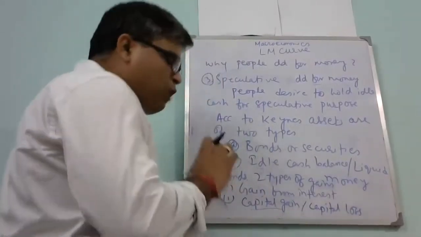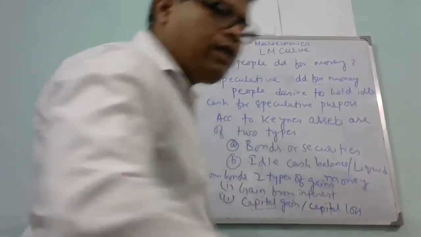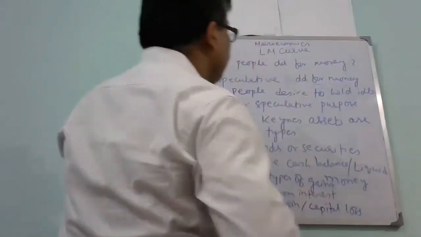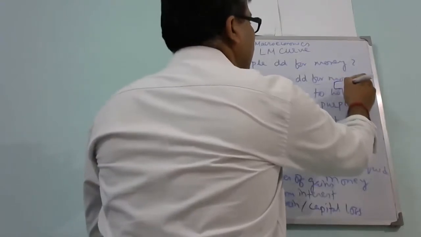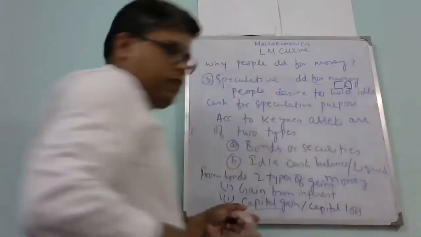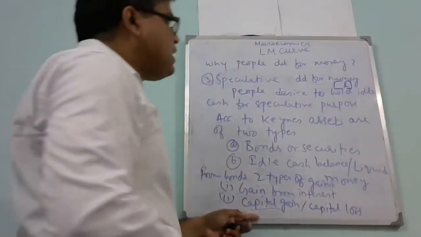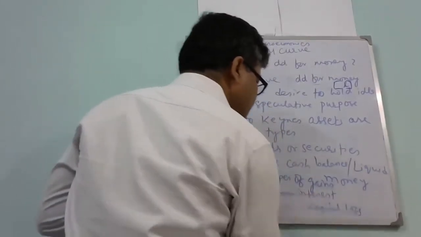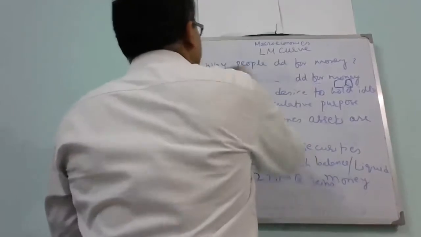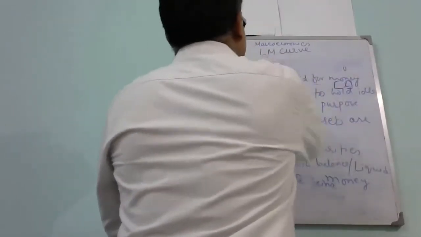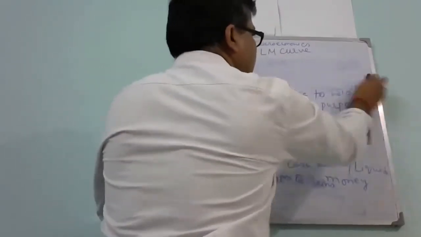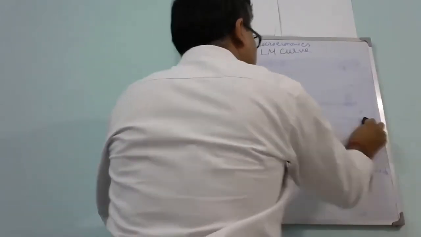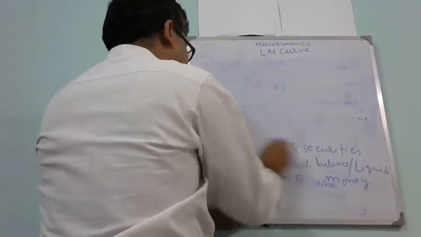Now we will look at the relationship of the speculative demand for money, which we will indicate by small l, L. We will see its relation with the price of bond and the rate of interest.